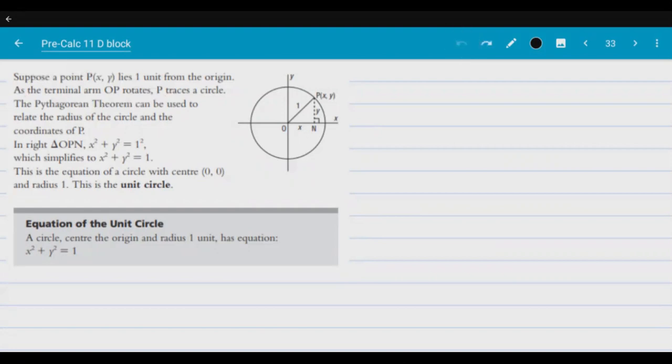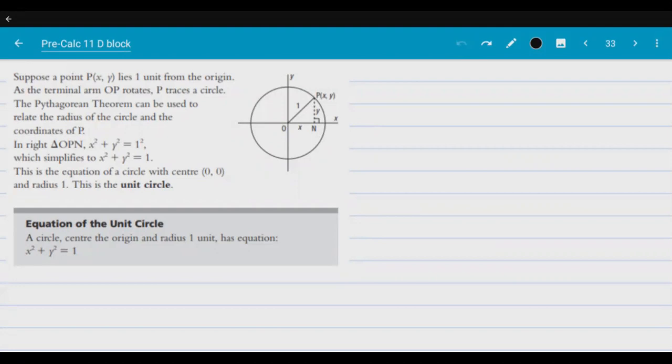At the beginning, OP was over here, and then it rotated this way, and at some point it will be here, and then here, and so on. By the time it goes back to where it started, it would have traced a circle.